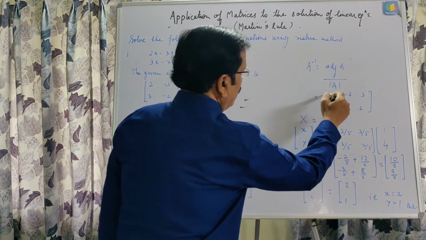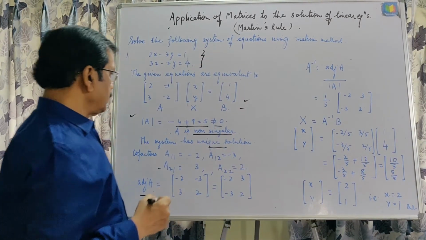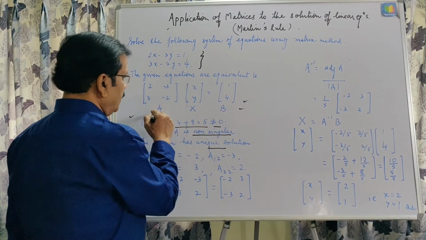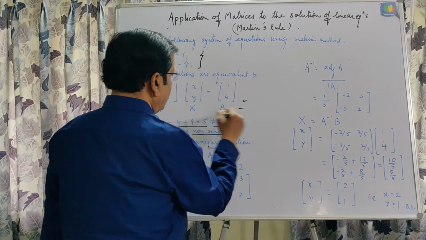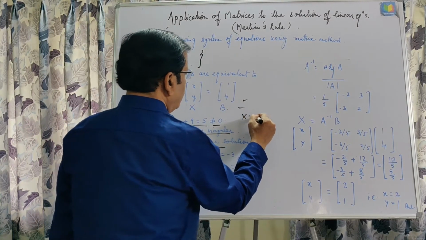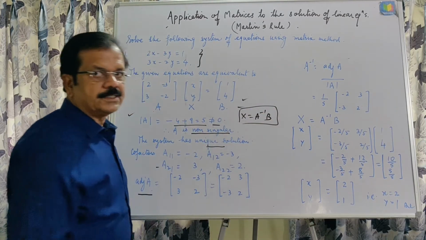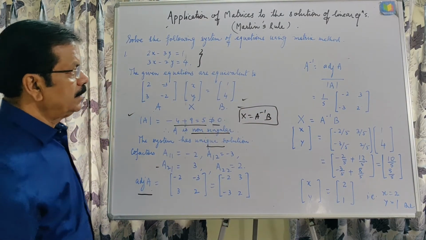adjoint of A upon determinant of A, because Ax is equal to B, after multiplying by A inverse, we can get x is equal to A inverse B. We just studied this in the topic.